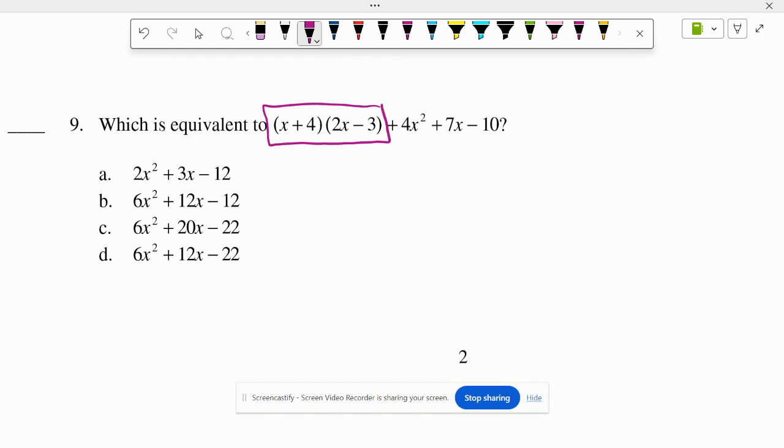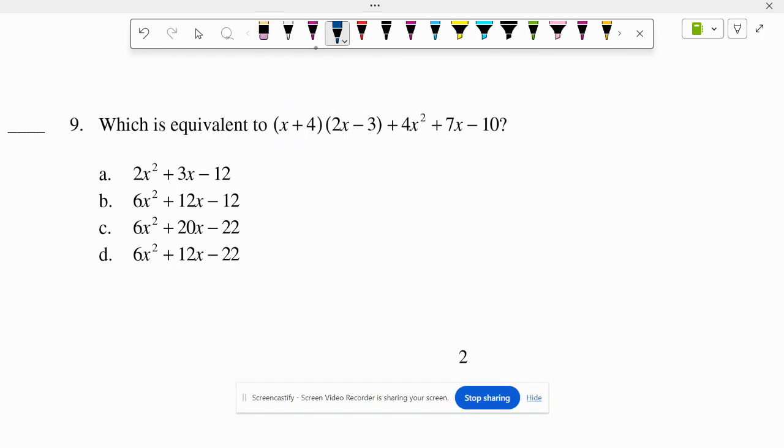Delilah, do you want me to make a box or do you want me to use arrows? Arrows? Okay. So Delilah, x times 2x is awesome. 2x squared. Perfect. X times negative 3. 4 times 2x is 8x.